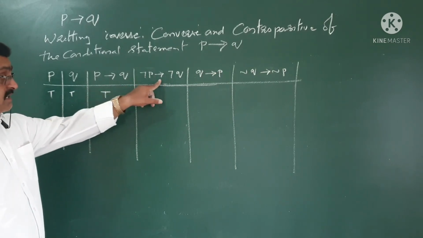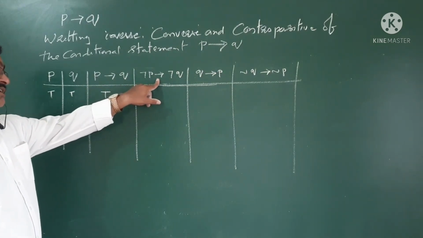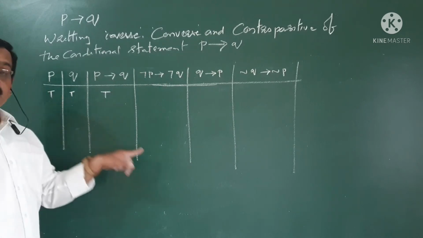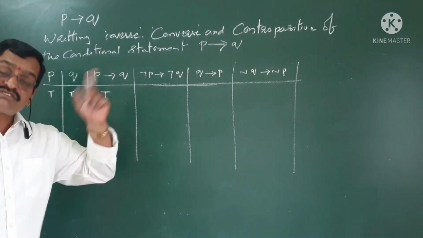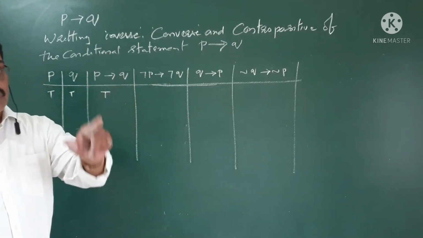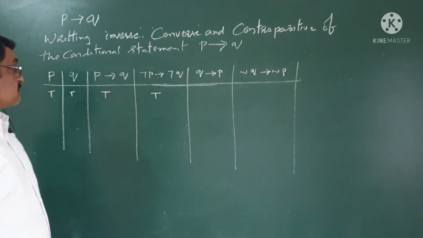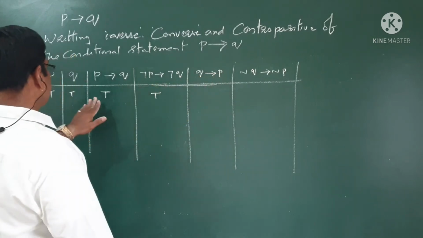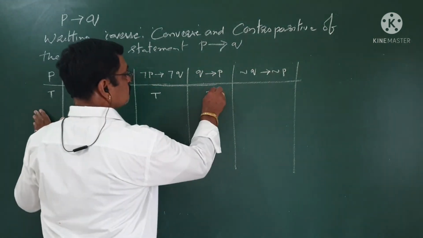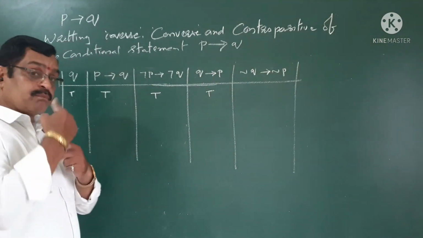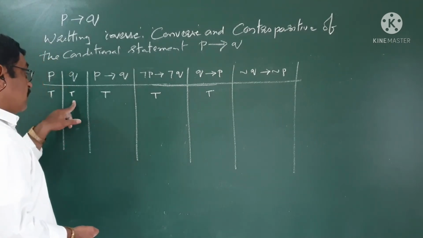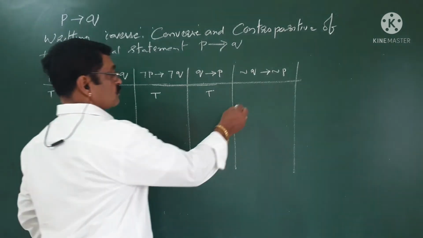Now my statement becomes false implies false, and in a conditional statement, false implies false is also true. Next one, Q implies P, obviously true. Negation of Q implies negation of P, that means false implies false, which is also true.